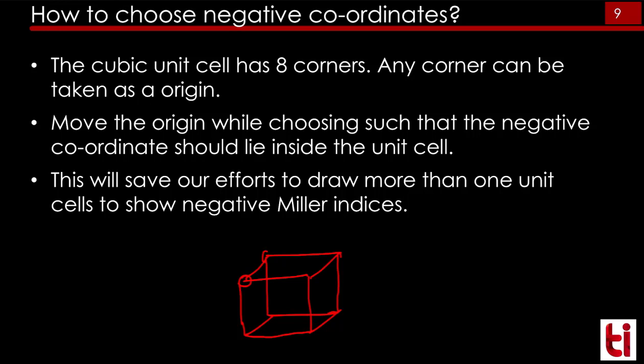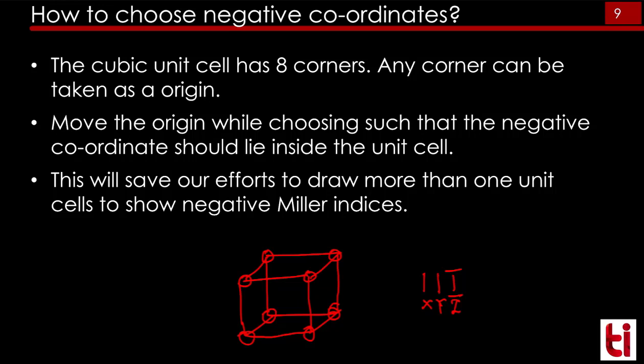It will have 1, 2, 3, 4, 5, 6, 7, 8 corners. I can take these 8 corners as the origin depending on the situation. Suppose I am given the Miller indices 1, 1, 1 bar. It means this is along x, this is along y, and this is along minus z. I need to have a negative z axis in my unit cell.